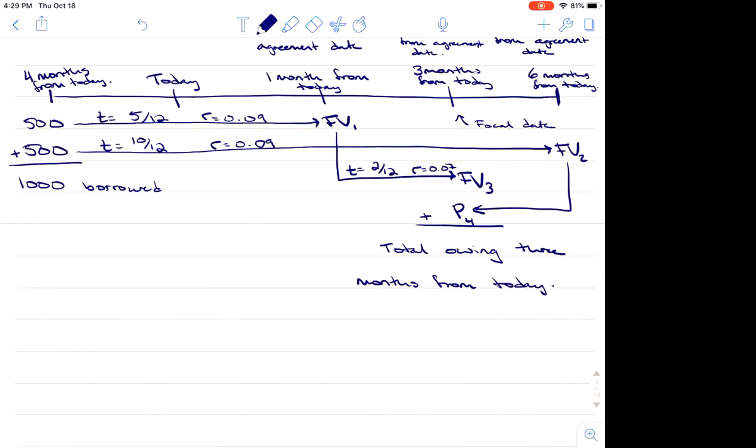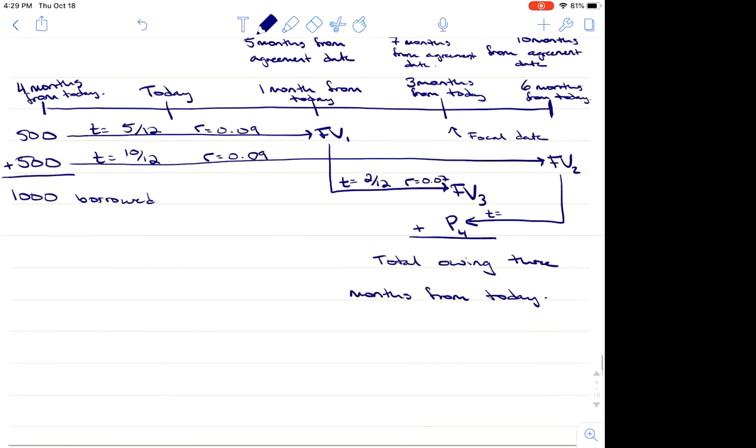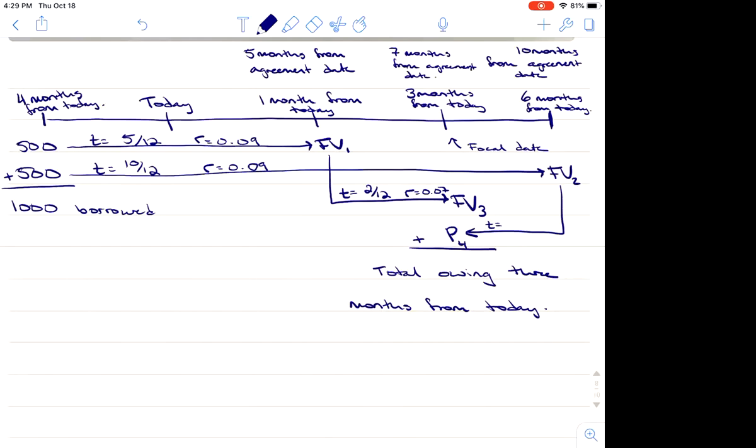For this last arrow, between 3 months and 6 months from today, we have 3 months, so 3 out of 12. You're just looking at the length of time between 3 months and 6 months from today, and the rate here is 0.07.